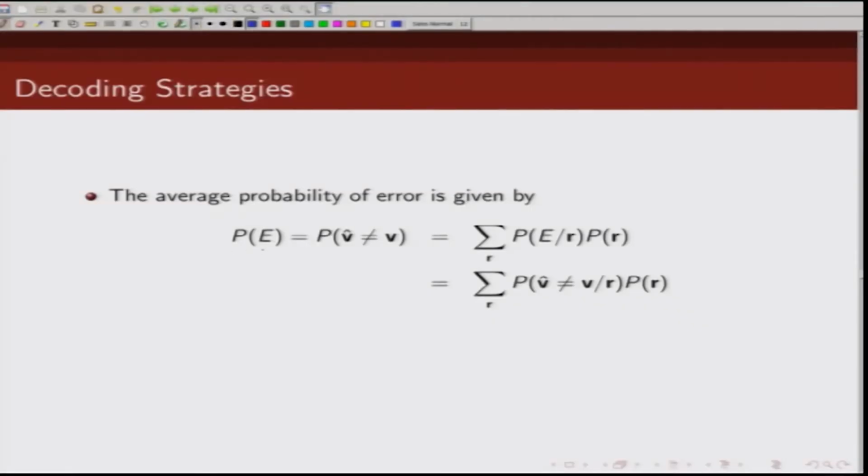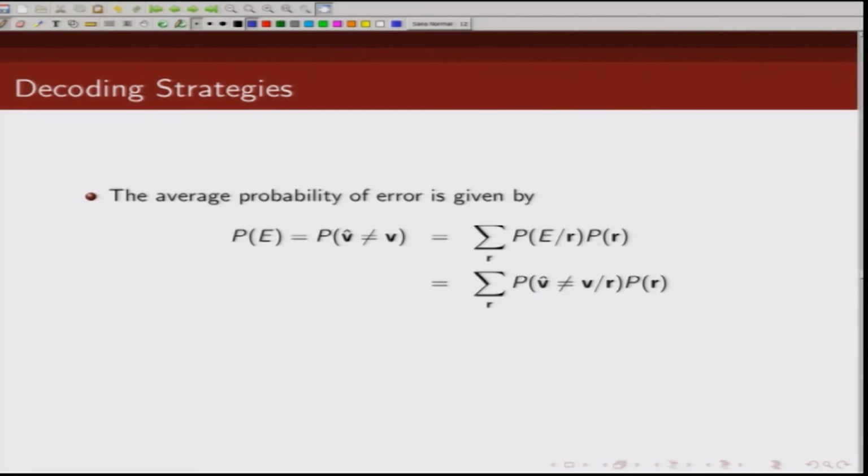Now, when does an error occur? When my decoded sequence is not the same as my transmitted sequence. So, my probability of error is given by the probability that my estimated sequence, which I denote by V hat, is not the same as V. This can be written as the probability of error given R multiplied by the probability of the receive sequence R, summed over all possible receive sequences. And an error is nothing but when V is not the same as V hat.